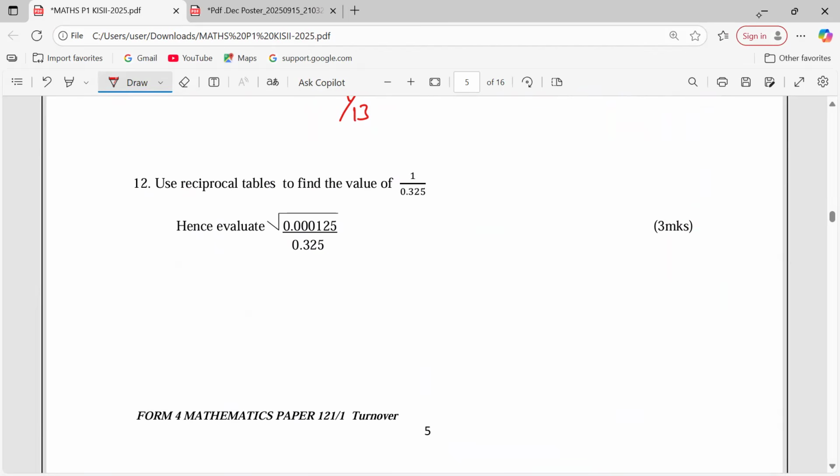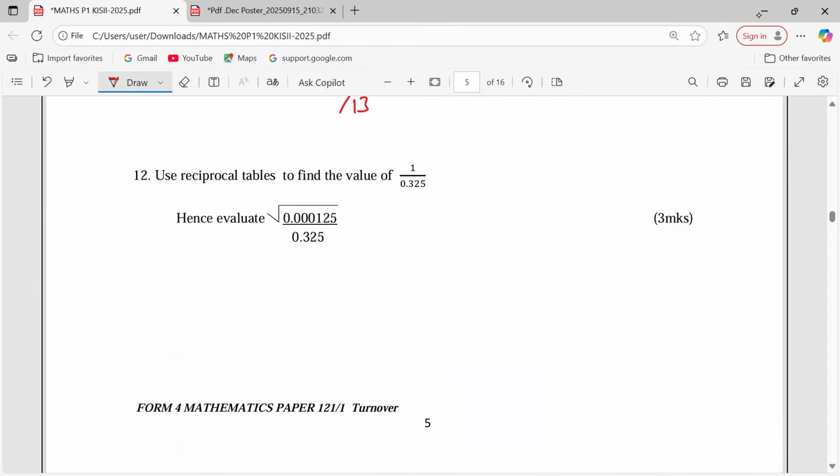Hence, evaluate the square root of 0.00125, everything divided by 0.325. We all know the reciprocal tables, and we know their unique features. So that is what you'll be accessing this evening.